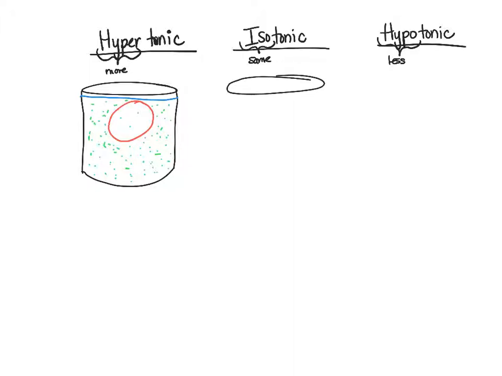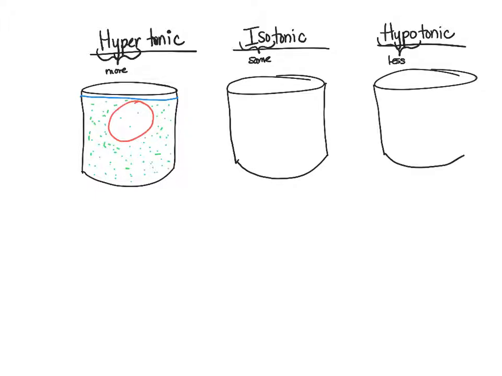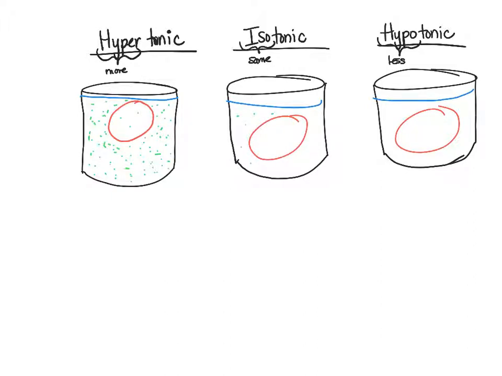Now, if we put that same blood cell in our isotonic solution, what we're then saying is it has the same amount of solutes inside the cell as outside of the cell.